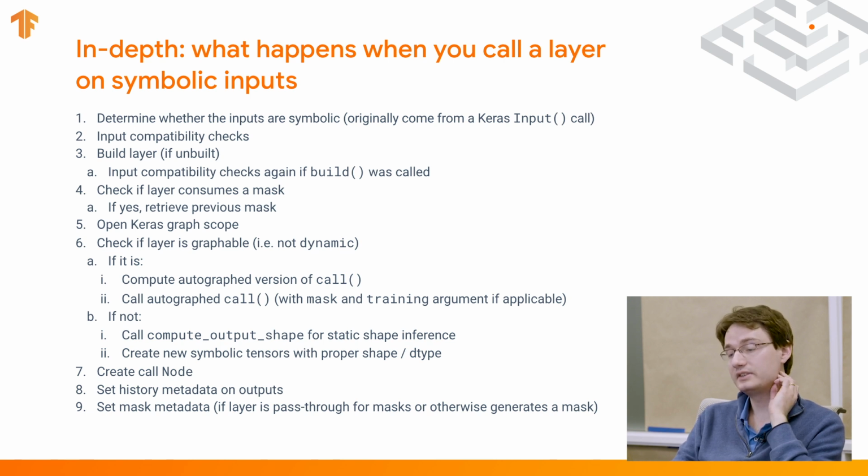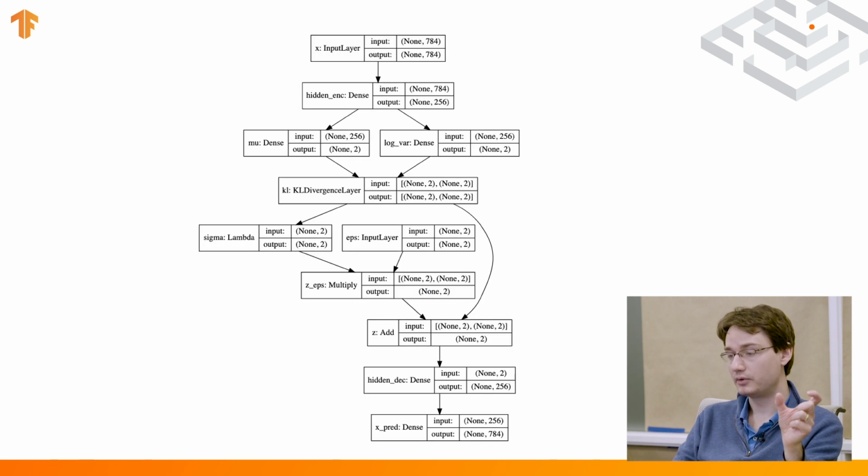So in eager execution, essentially what happens is that the call method, which is programmatically generated for one of these functional API models, is basically going to call both the call method of a layer and its compute mask method, and then call the next layer with these arguments.